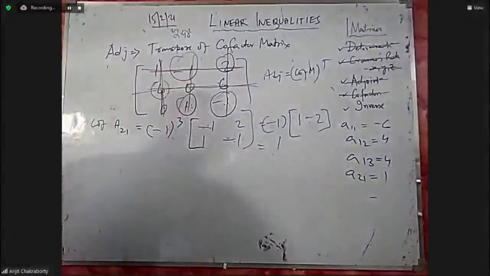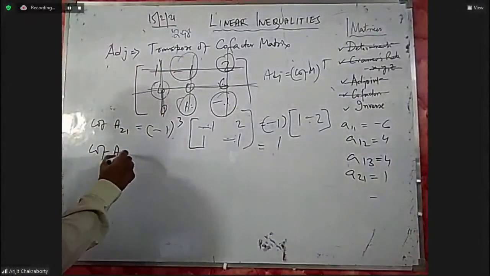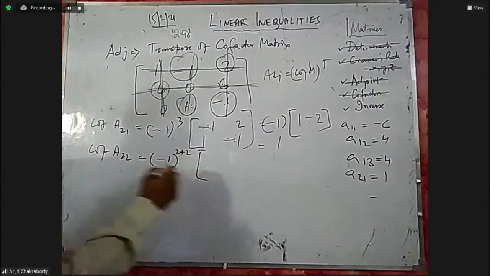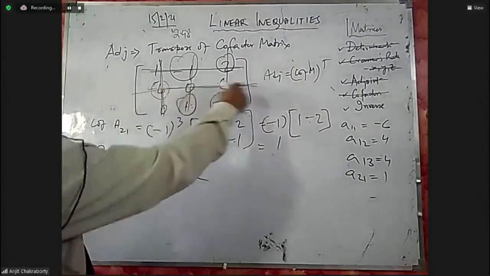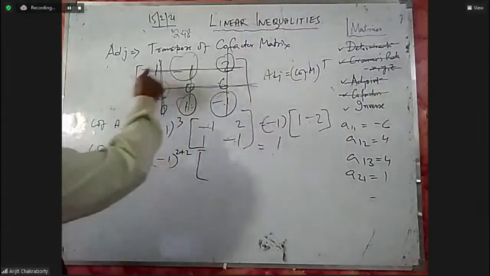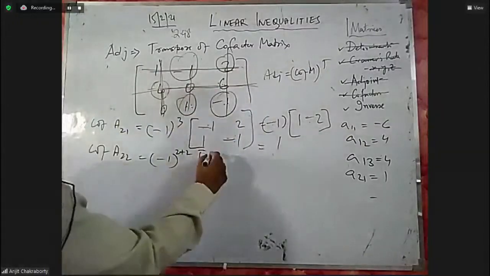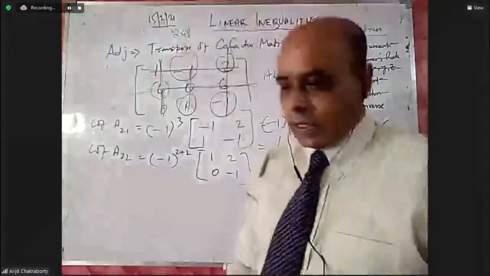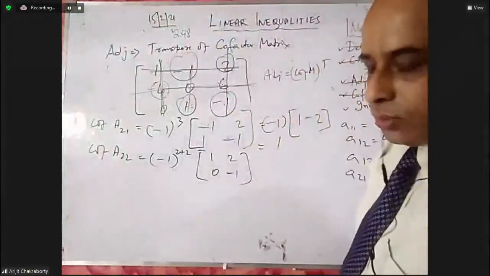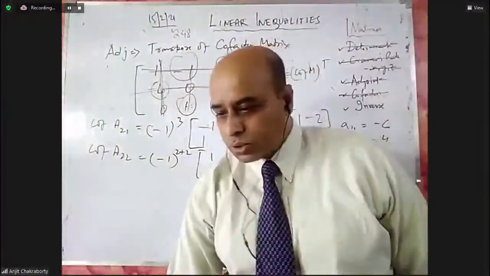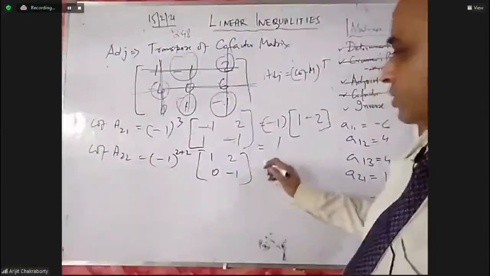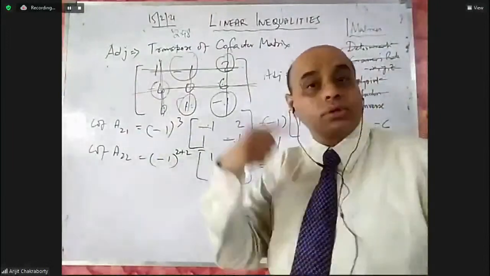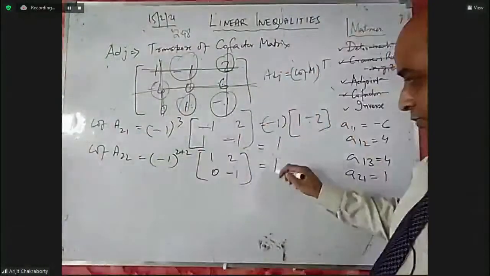Now we will do cofactor A22. Let us do it fast. Minus 1 to the power 2 plus 2. Cofactor 2, 2, so row 2 and column 2 are gone. I will get 1, 2, 0, and minus 1. This gives me minus 1 to the power 2 plus 2, that is minus 1 to the power 4, that is plus 1.